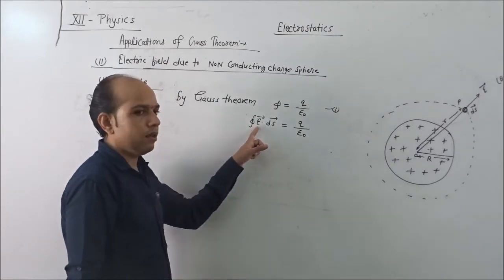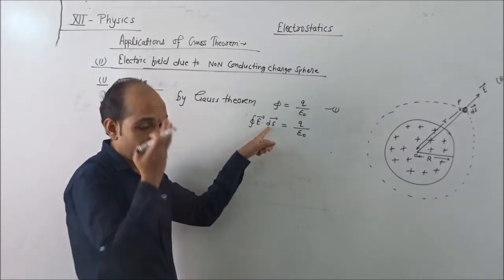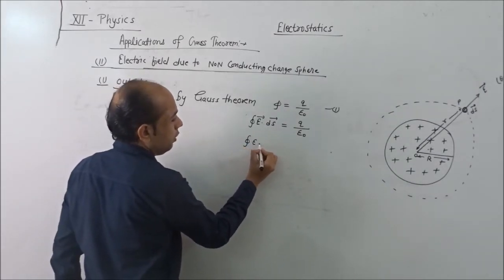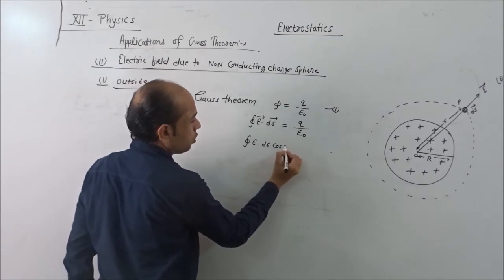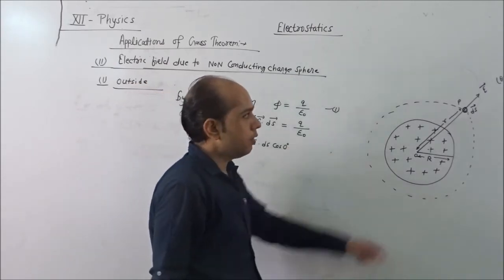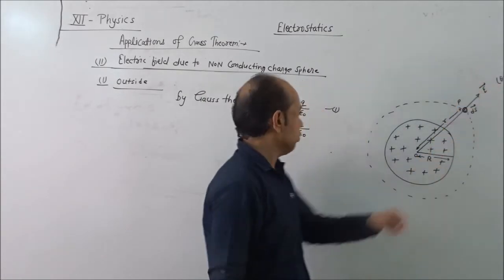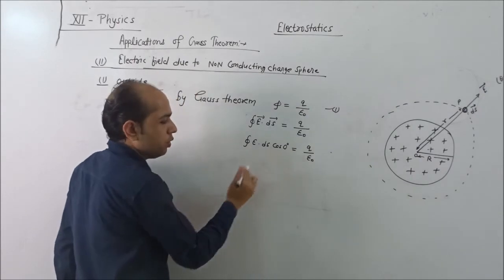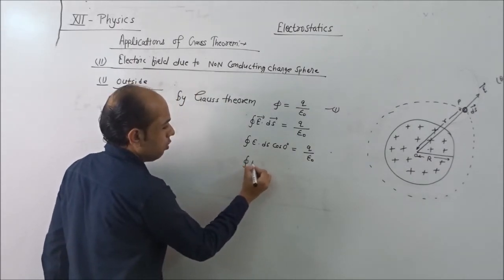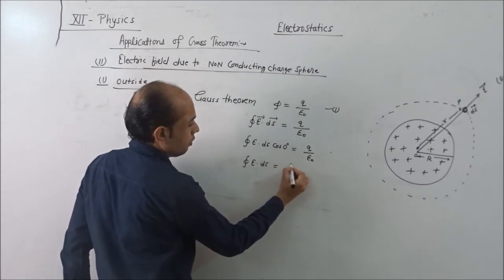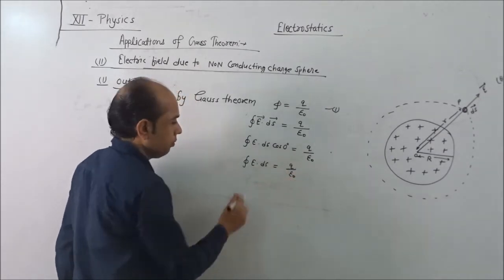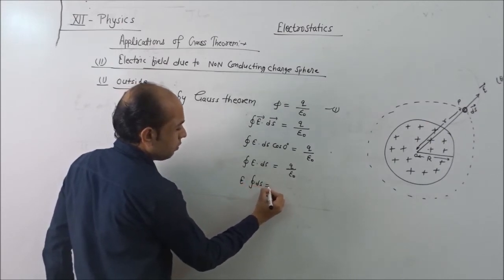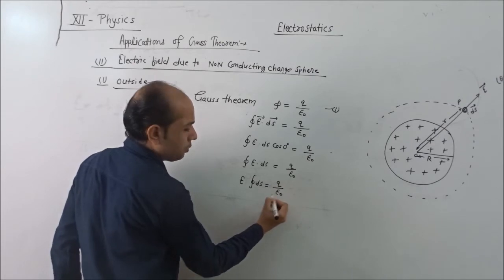As we know, E dot ds is a scalar product, so we split it with cos of the angle. So integration of E ds cos 0 degrees, because the angle between E and ds is 0, equals q upon epsilon naught. Cos 0 is equal to 1. So E is outside the integration: E times the closed integration of ds equals q upon epsilon naught.